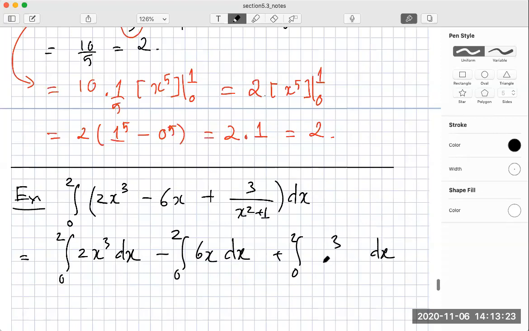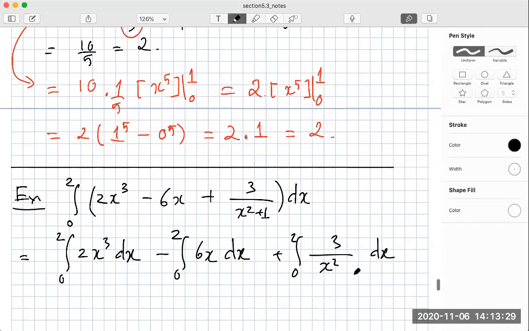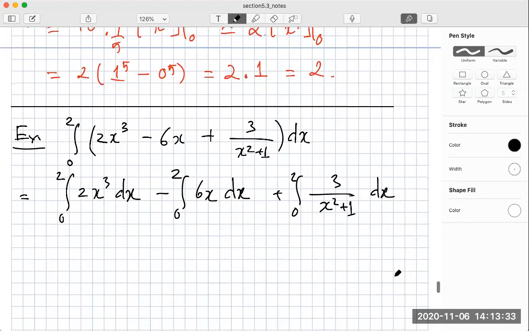And here's 3 divided by x squared plus 1, right? So now we deal with each of them. But before doing that, we can also do this step. The constant here, we can take it out of the integral, make it simpler, right?